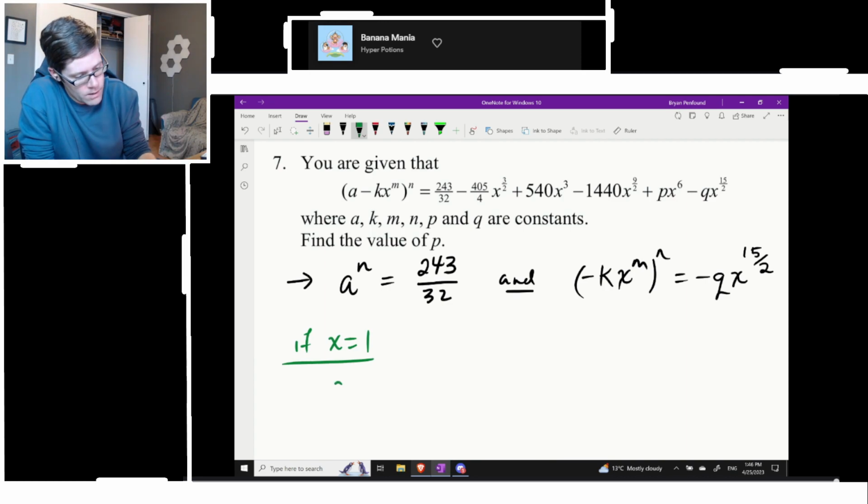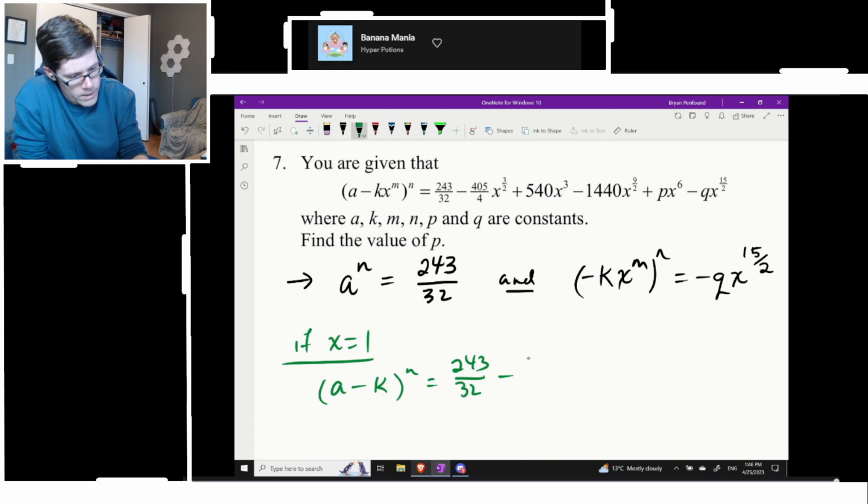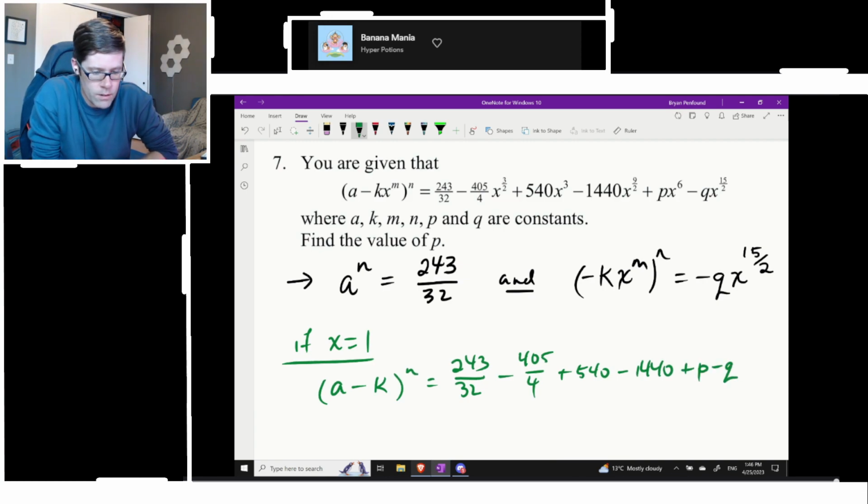We get (a minus k) to the n is equal to 243 over 32 minus 405 over 4 plus 540 minus 1440 plus p minus q. So I believe that's what we get if we set x equal to 1.